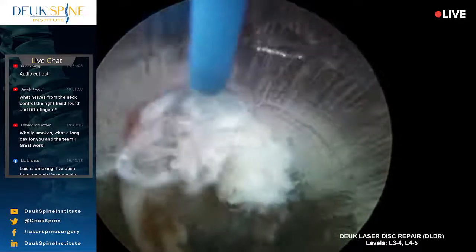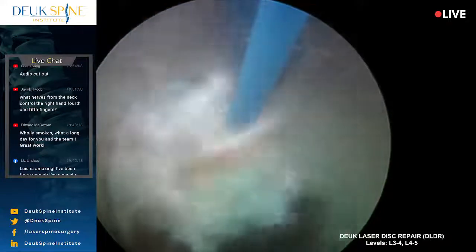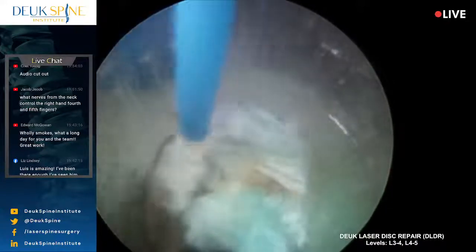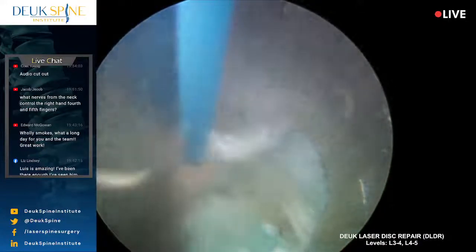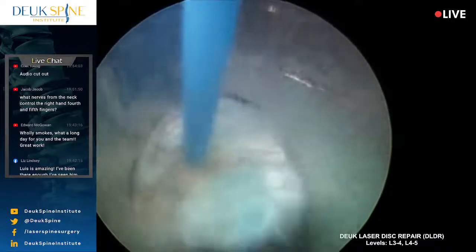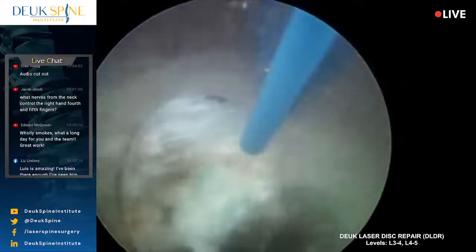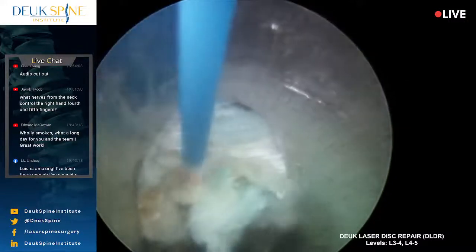See the tear? And this is all part of the herniation right there. And I'm just cutting it in little pieces and delivering it. And see the blue dye is staining the nuclear material? And it's just scarred in.